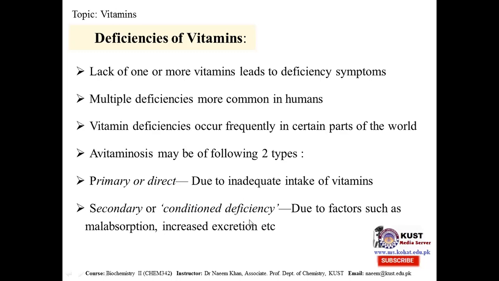This secondary condition may also be a reason for vitamin deficiency. So vitamin deficiency or avitaminosis may be due to inadequate intake of vitamins in the diet, or because the individual is taking enough vitamins but is unable to absorb enough, and they are excreted. That results in vitamin deficiency.